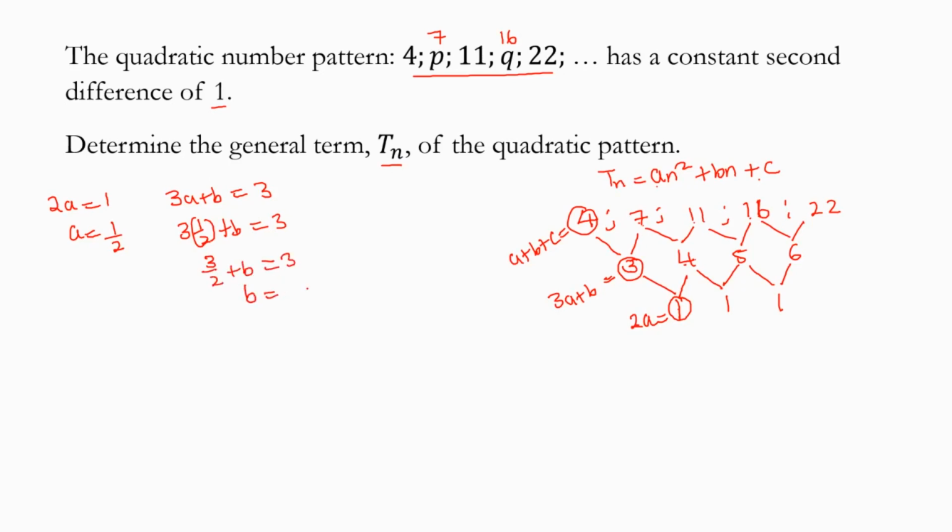So B is equal to 3 minus 3 over 2. Then 3 minus 1.5 is 1.5. Okay, so B is 3 over 2.